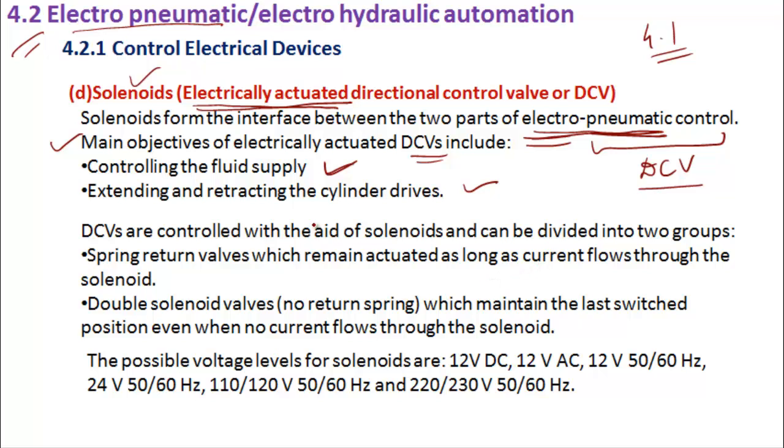Now the DCVs are controlled with the aid of solenoids, and there can be two kinds. One is spring return valves and another is double solenoid valves. What these are, you will understand when you look at the next video. But basically there are two kinds of control.